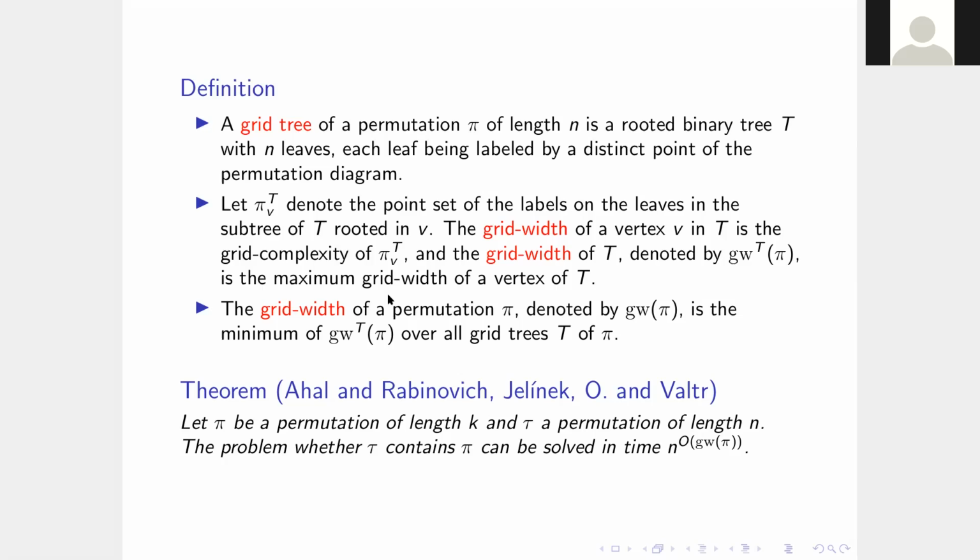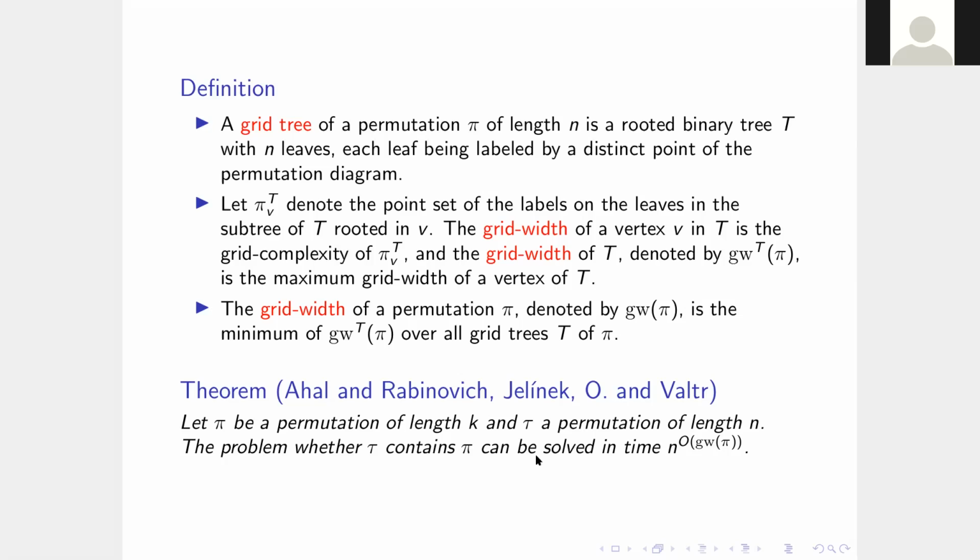And the grid width of a permutation is then the minimum attained over all possible grid trees. And we denote the grid width by GW of pi. And grid width is tightly connected to permutation pattern matching, as suggested by the following theorem. Whenever we have a permutation pi of length k and tau of length n, we can decide whether tau contains pi in time n to the big O of grid width of pi.